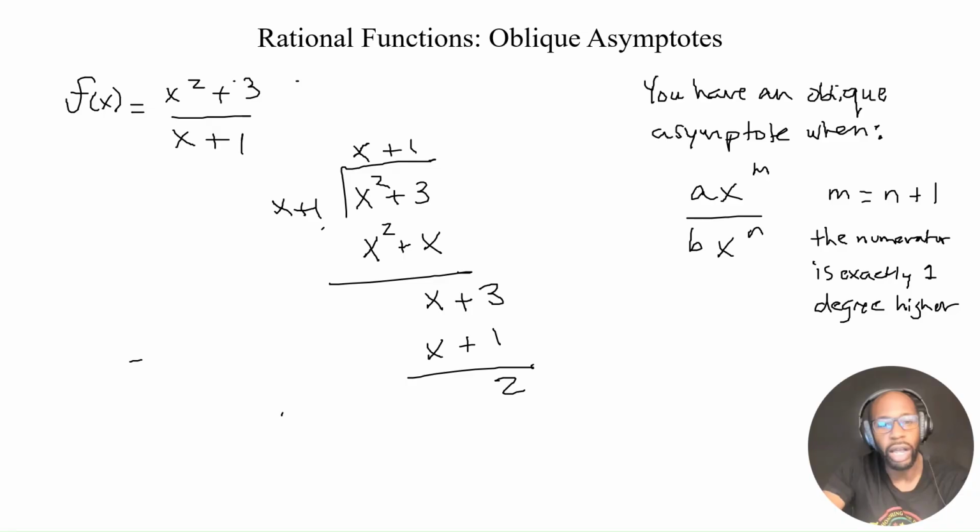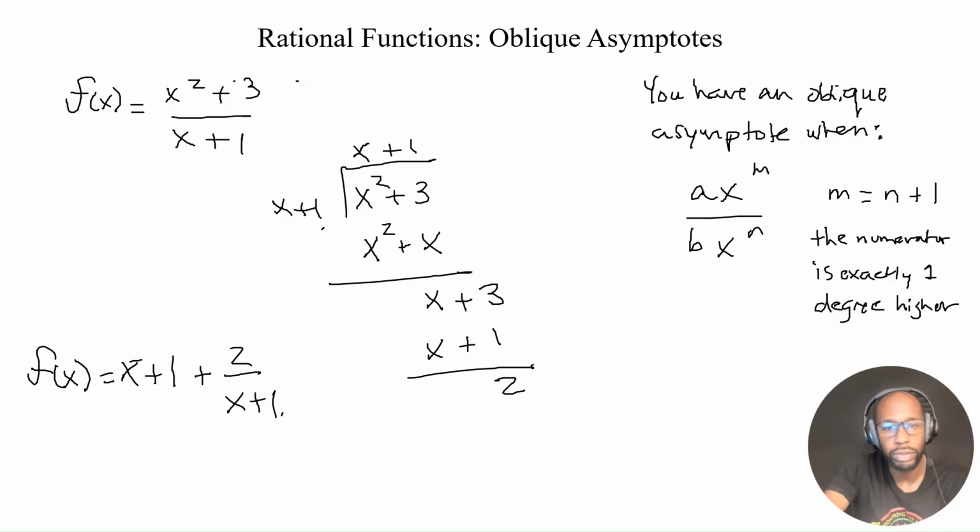So now f of x in this case is equal to x plus 1 plus the remainder of 2 over x plus 1. So I changed the problem slightly from the one I'm working.